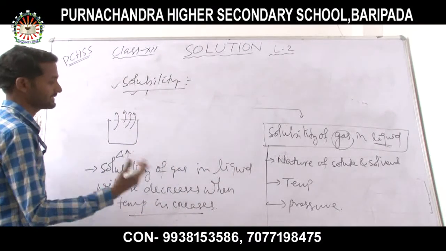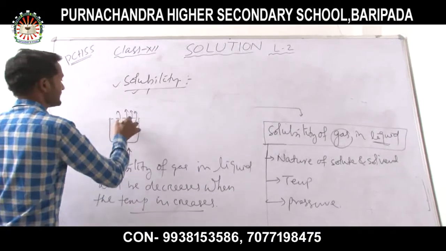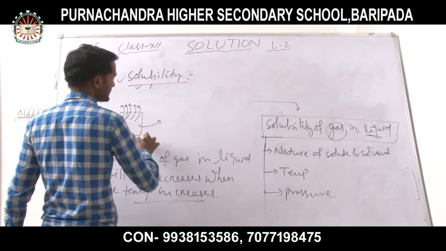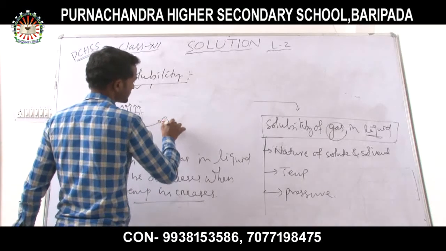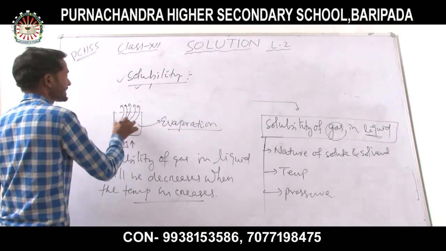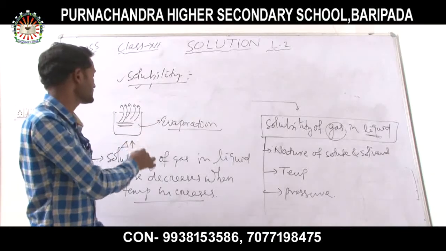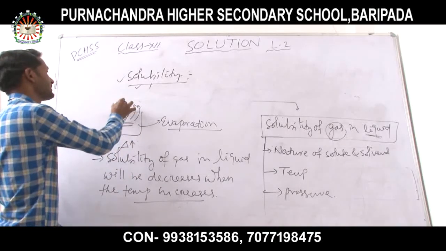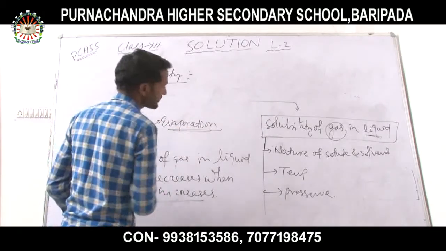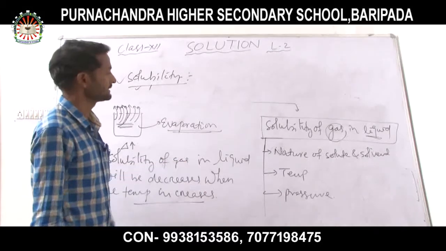If the temperature is increased, then the solubility of a gas in a liquid will decrease, because no more gas can be added because of evaporation. The gas particles which are attracted towards the solvent molecules will be removed from the solvent molecules and change to the vapor state. So it is called evaporation. This factor affects the solubility of a gas in a liquid.